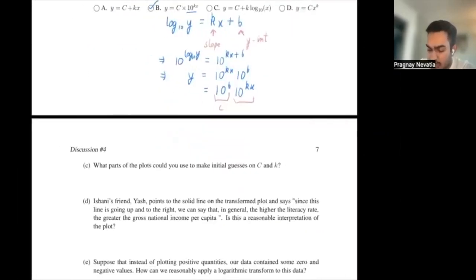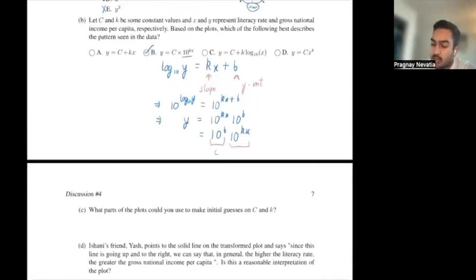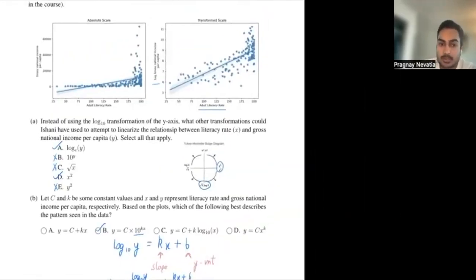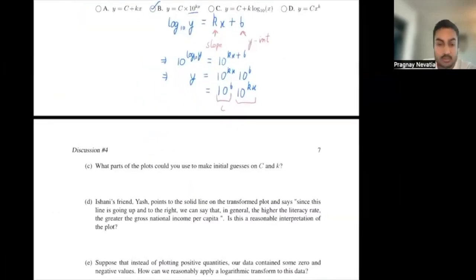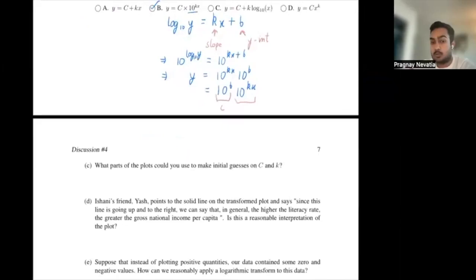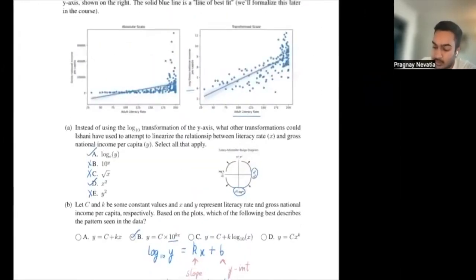Okay, so moving on to part C. Which parts of the plots could you use to make initial guesses on c and k? Now, if you're familiar with how linear plots work, you can say that the y-intercept and the slope can help you get c and k. Specifically for c, c is equal to 10 to the b, and b was the y-intercept of the trend line that we had over here.